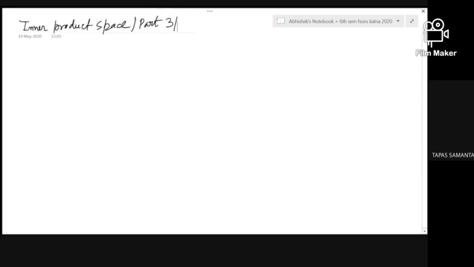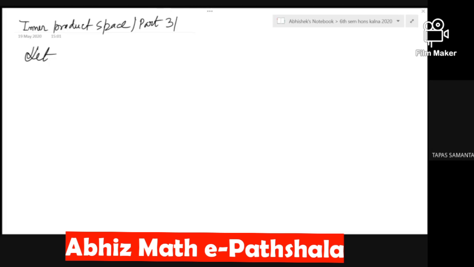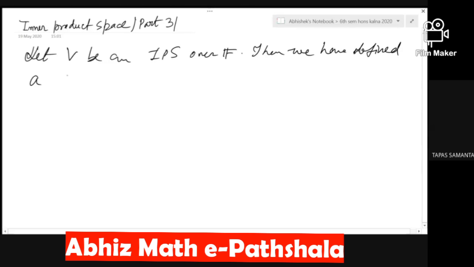So let V be an inner product space over a field F, and then we have defined a length function, or it is called norm of a vector.